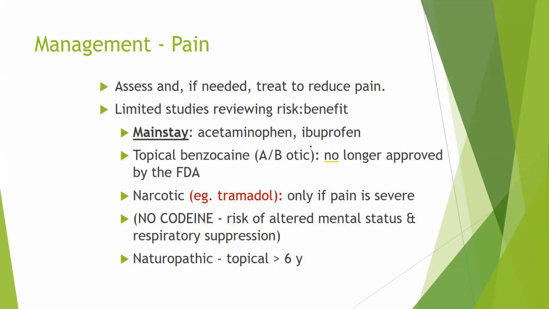Tramadol is effective. We don't like to use codeine in children because of respiratory suppression, so that thing I was talking about, increasing their risk of pneumonia. We can also cause these children to have altered mental status with codeine. And then there's a naturopathic kind of topical that can be used above the age of 6.